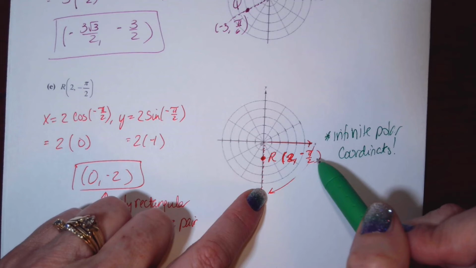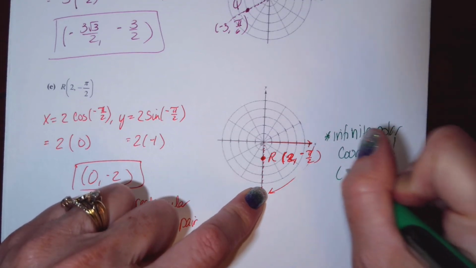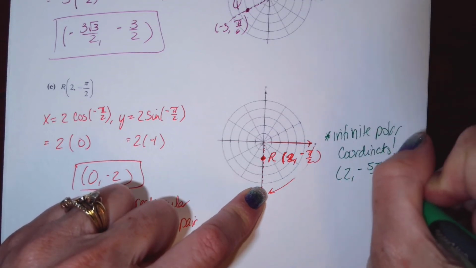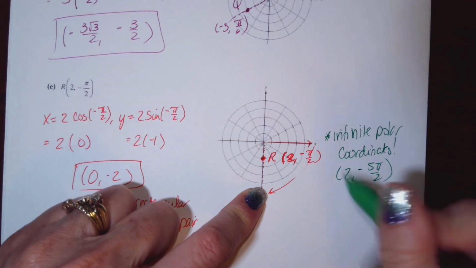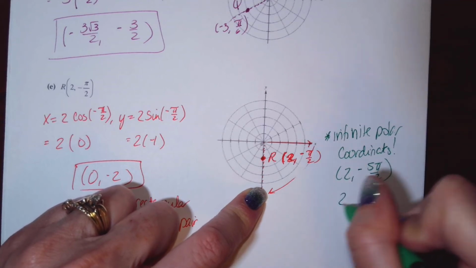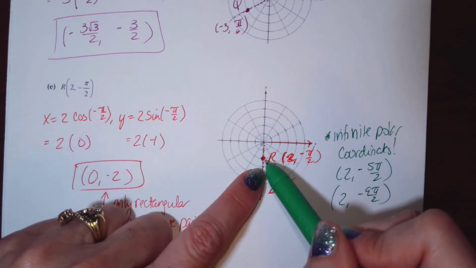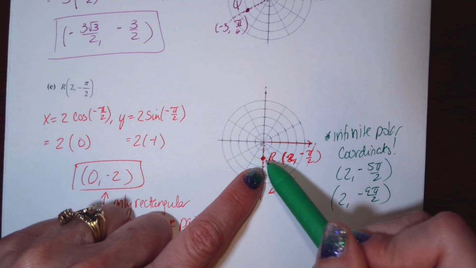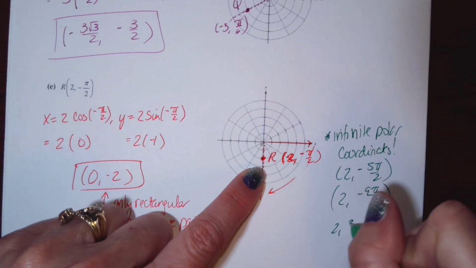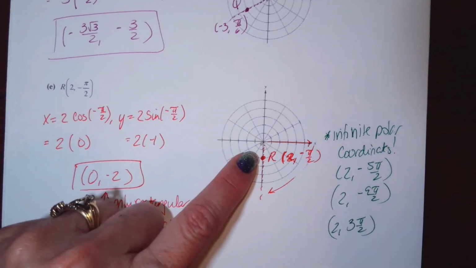That would be another 2π, so there'd be -5π/2. So I could do (2, -5π/2). I could do another 2π, so there'd be (2, -9π/2). I could rotate back in a positive direction, so I could add 2π. So that would be (2, 3π/2). That's that same point.